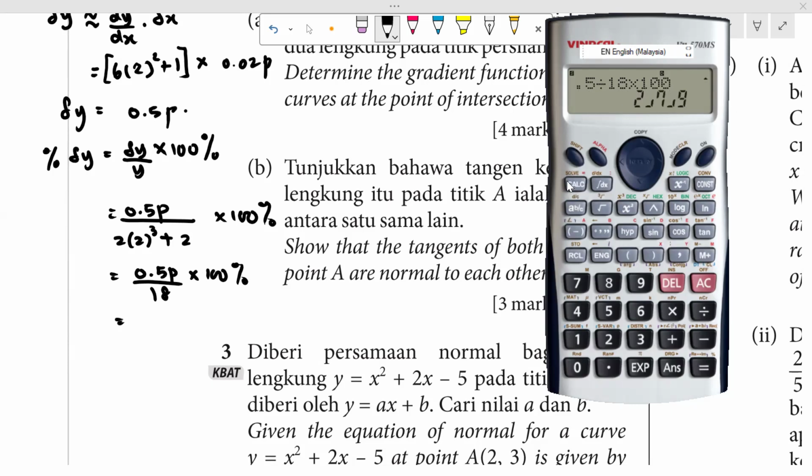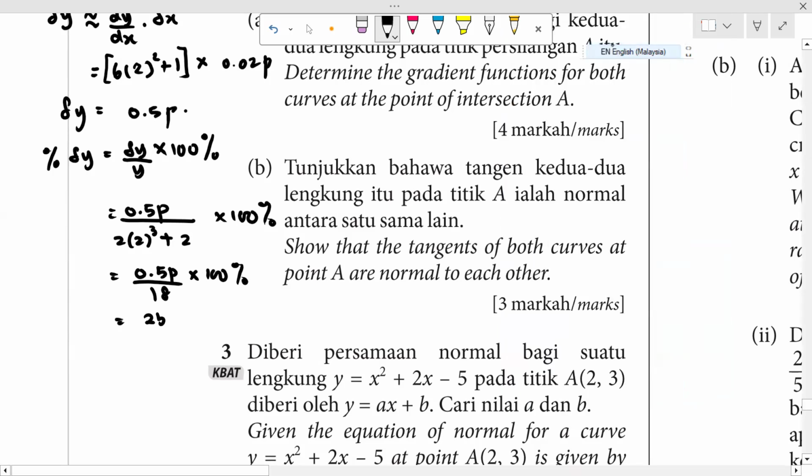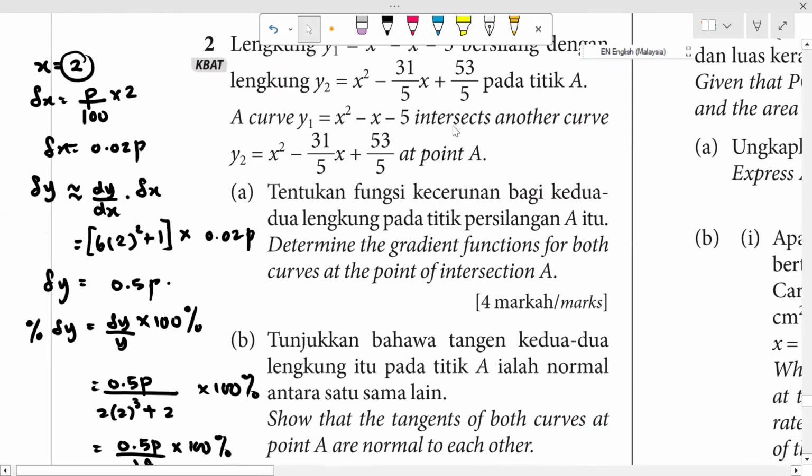I don't want to round off, yeah? So I will use 25 over 9. So therefore the answer is 25 over 9 p%. That's it. 2 point something p%. In terms of p. Because we do not know what is p. So in terms of p. Is that okay?